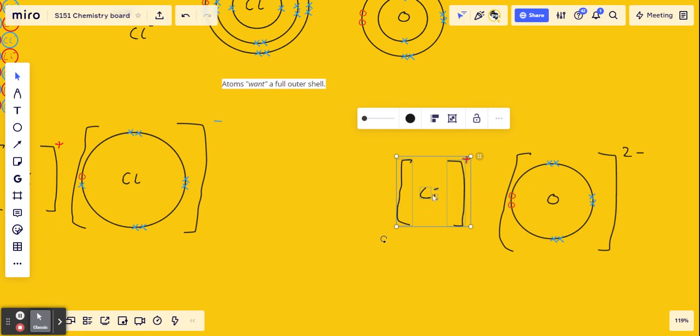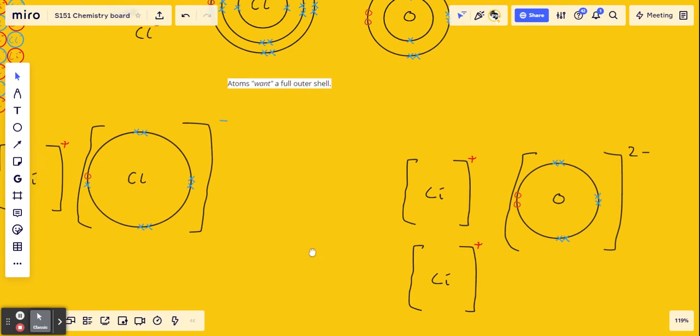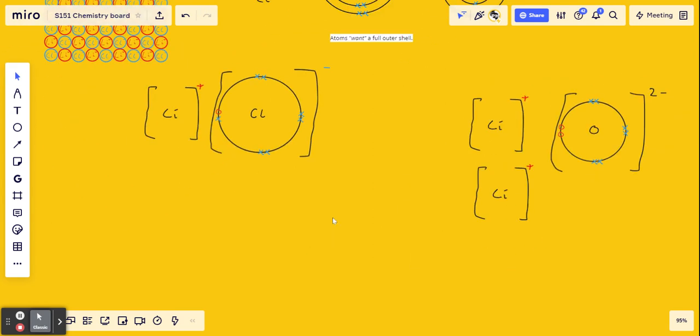So what must have happened is that another lithium ion gave the other electrons, and so the formula for lithium chloride would have been LiCl, whereas the formula of lithium oxide would be Li2O.